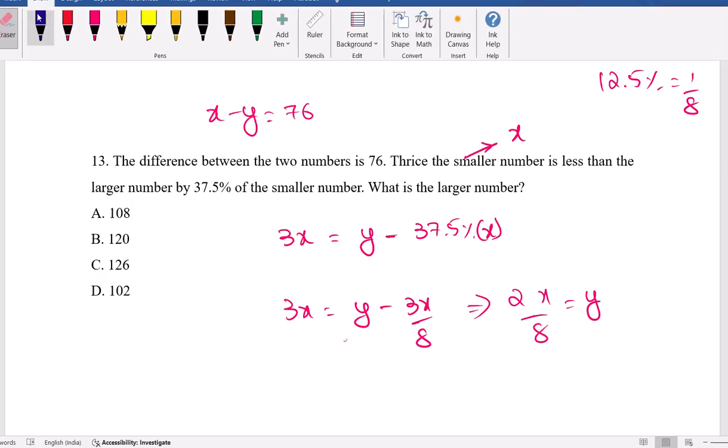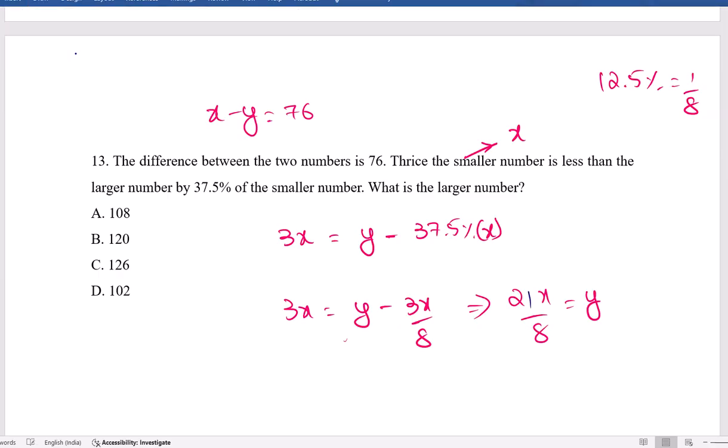Difference between the two numbers is 76. Let's see again. Thrice the smaller number is less than the larger number. Larger number is y. It's less than that larger number by 37.5% of the smaller number. So 37.5, we put it like this.